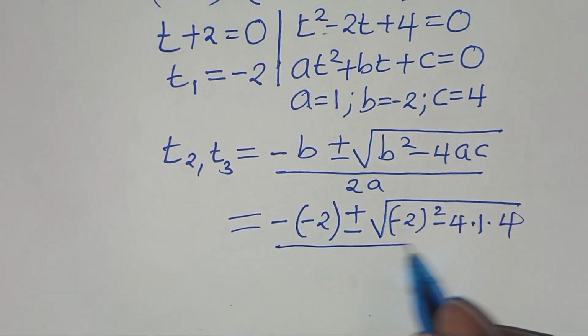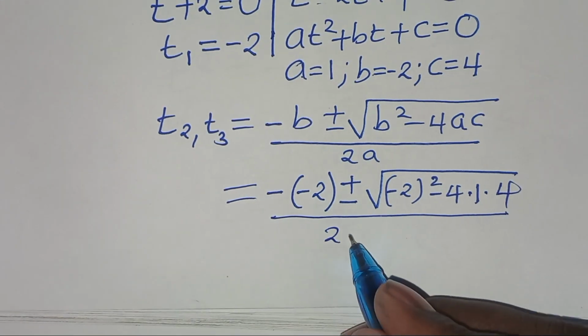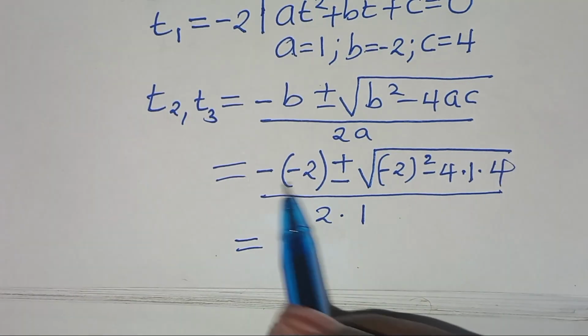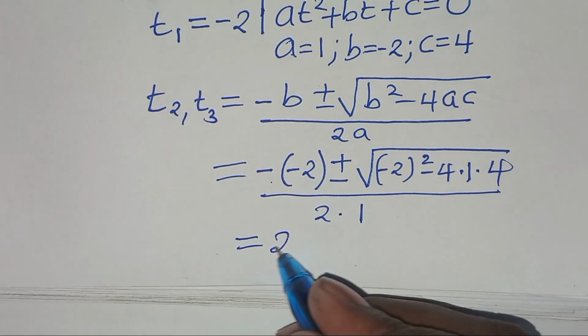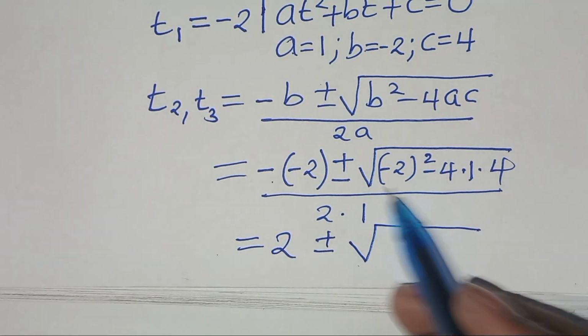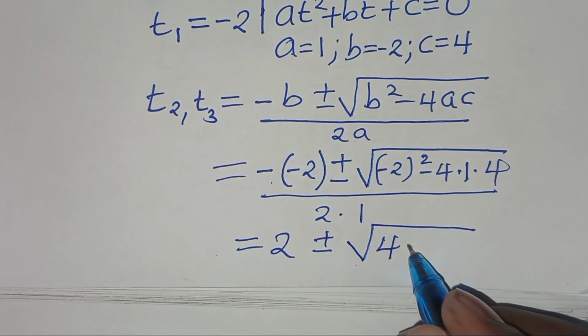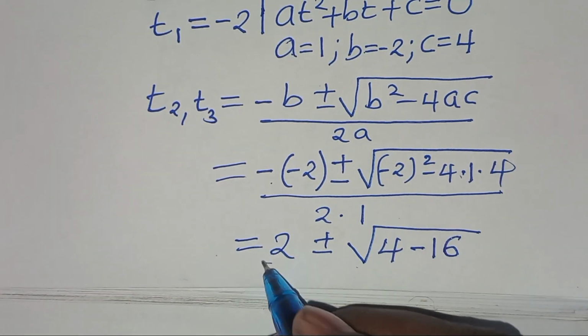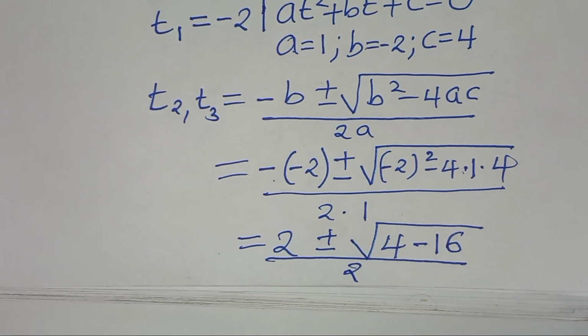All this divided by 2 times 1. So now here we have minus times minus 2. This is 2 plus or minus the square root of minus 2 squared. This is 4 minus 4 times 4. This is 16. All this divided by 2.